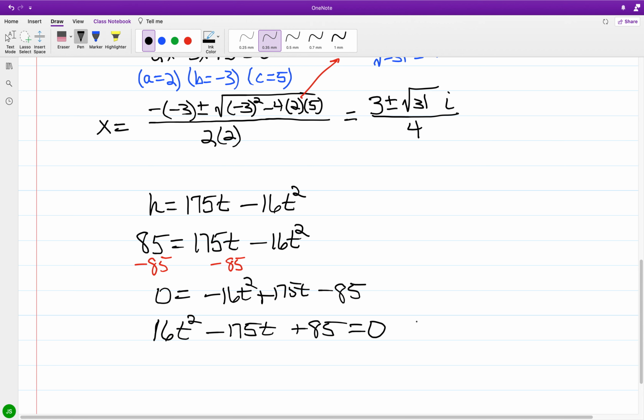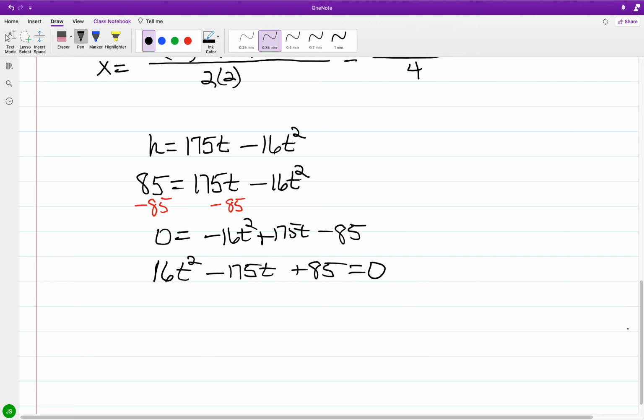And here, if we apply the quadratic formula, we have that a is equal to 16, b is equal to negative 175, and c is equal to 85. We're solving for t, not x, but we're still going upon the same premises with a, b, and c.